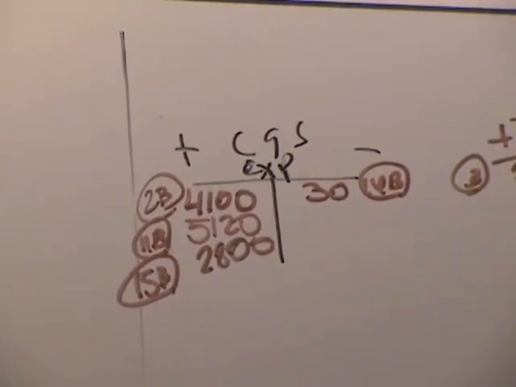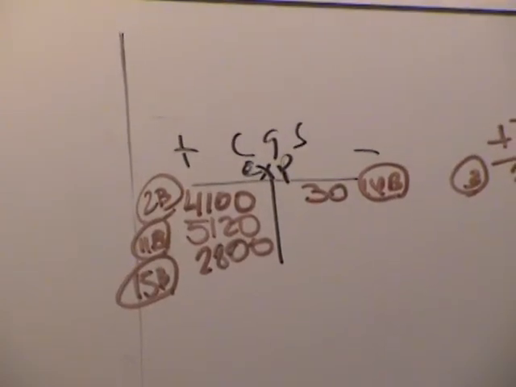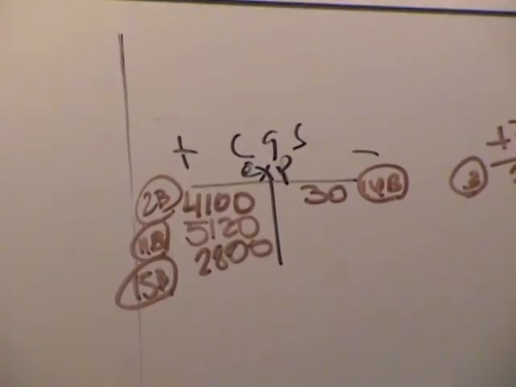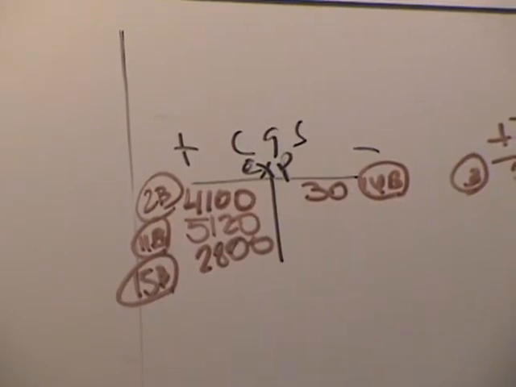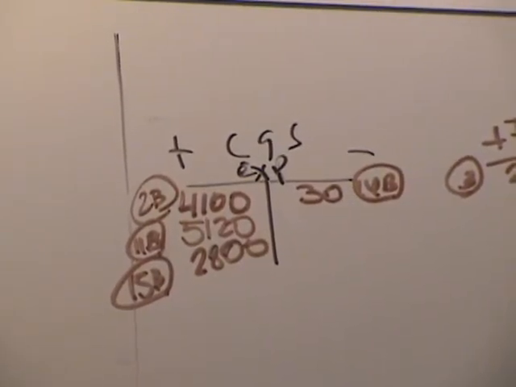Those are expenses, right? Your cost of goods sold expense. That's right, 4,100 plus 5,120 plus 2,800 minus 30. 11,990? Is that what you got? Put that in parentheses, the 11,990.